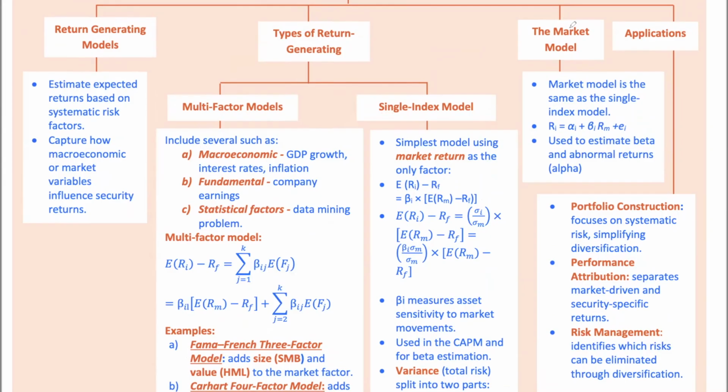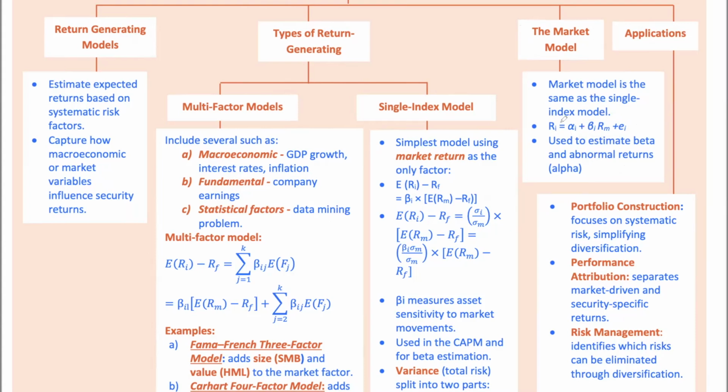All right, folks, let's make this thing real for a second. You've been seeing all these equations. Now let's see how it actually plays out in the real world. So the market model, think of it as the real-life version of the single index model. It's basically what analysts use every day when they want to check how a stock moves compared to the overall market.